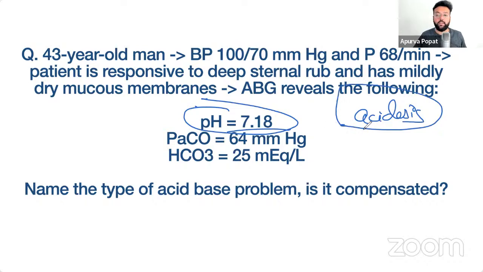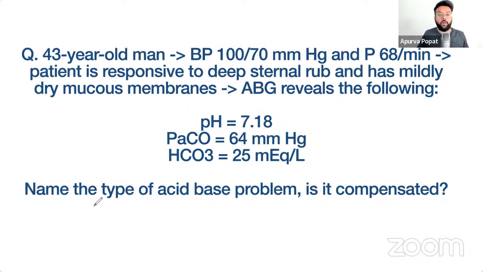Now let me tell you, if I say the pH is 7.18, bicarb is 16, and your PaCO2 is, let me say, 30. What would you label this as?